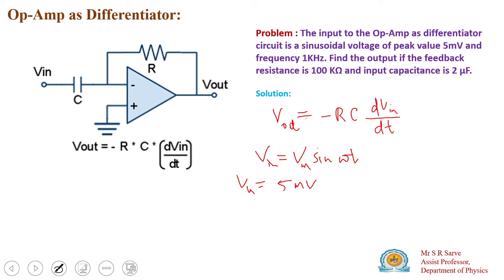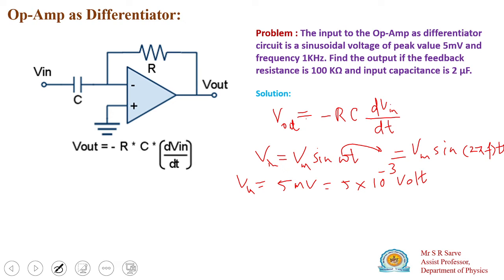Okay, Vm is equal to 5 millivolt. You can take it as 5 into 10 to the power minus 3 volt. Okay, and here omega is there. What is omega? Omega is equal to 2 pi f. So you can write this equation as Vm sin 2 pi f t.